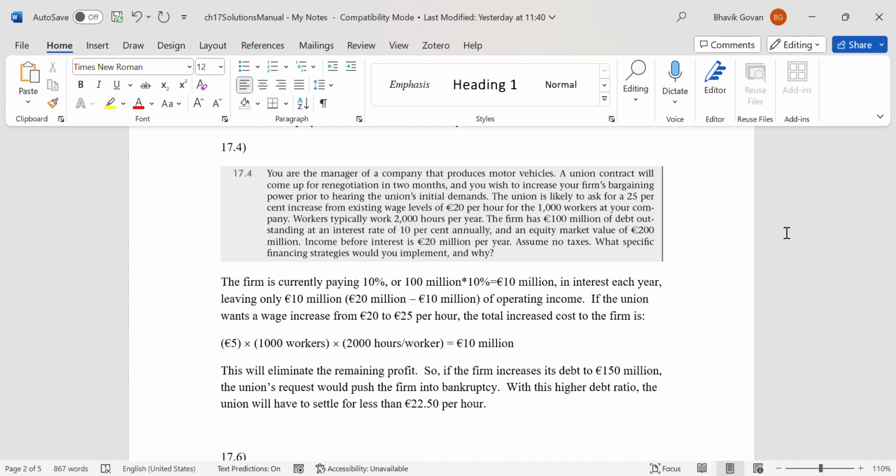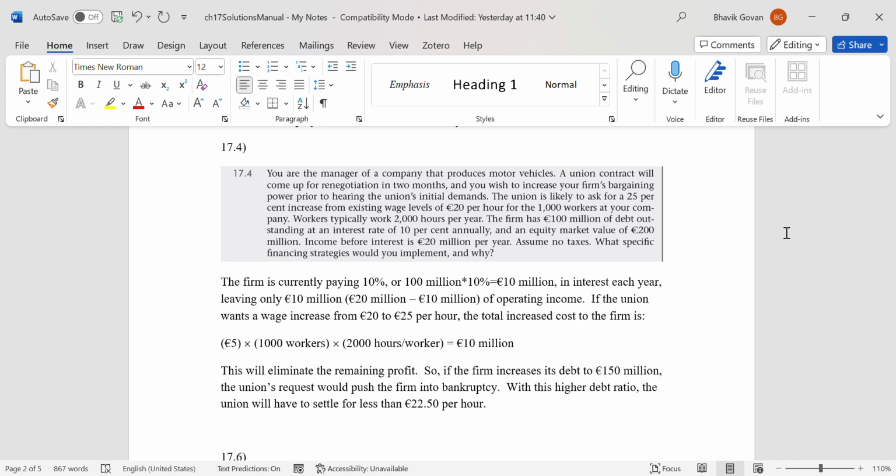Workers typically work 2,000 hours per year. The firm has 100 million euros of debt outstanding at an interest rate of 10% annually and an equity market value of 200 million. Income before interest is 20 million per year. Assume no taxes. What specific financing strategies would you implement and why?